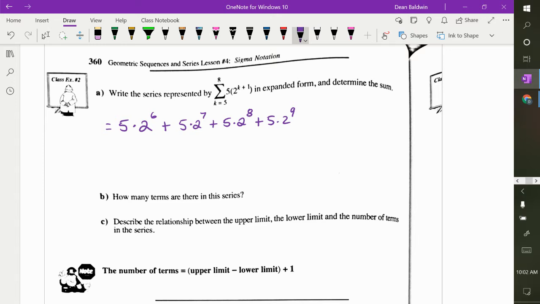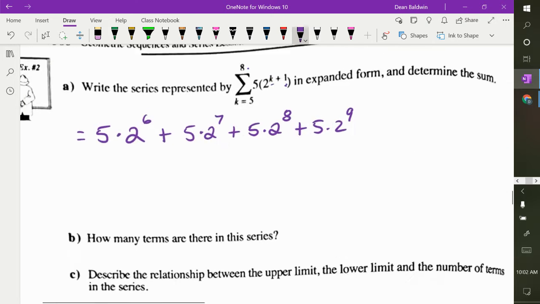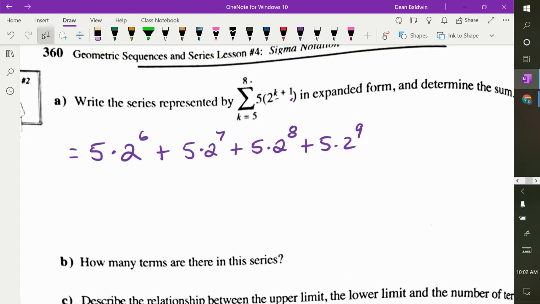Why do you go to 9? Because I put 8 in. 8 plus 1 is 9. You're plugging your k values into this. That's why we started at 6 and then 7, 8. Okay? And then if they asked you to sum them, well, 5 times 2 to the 6, I'll just tell you what these answers are.